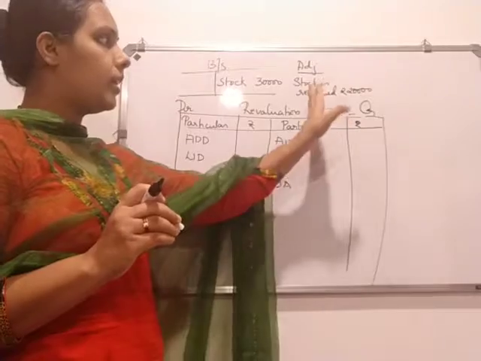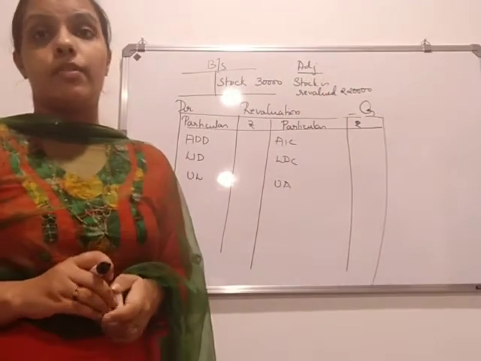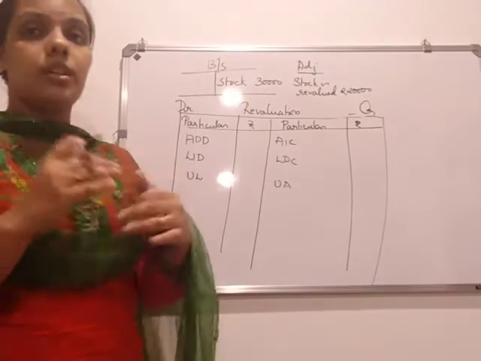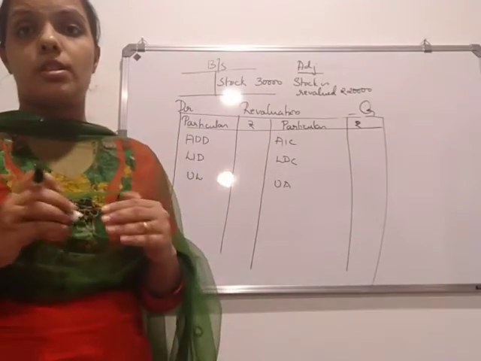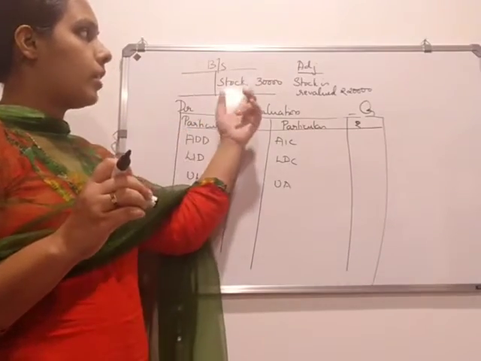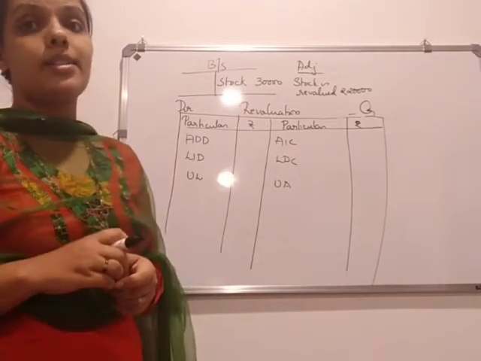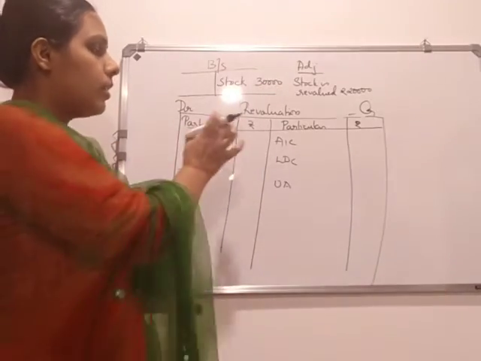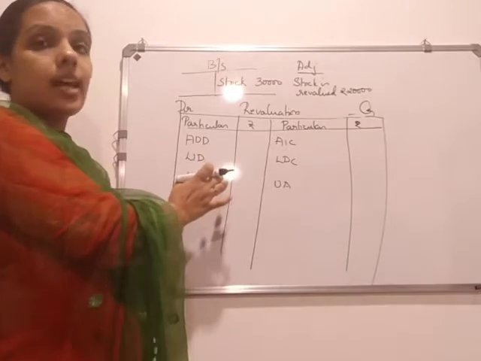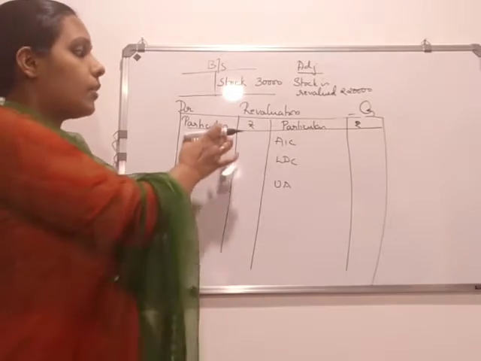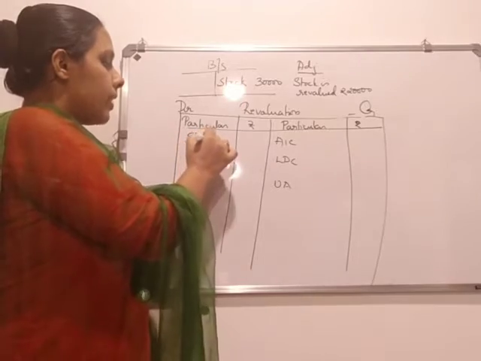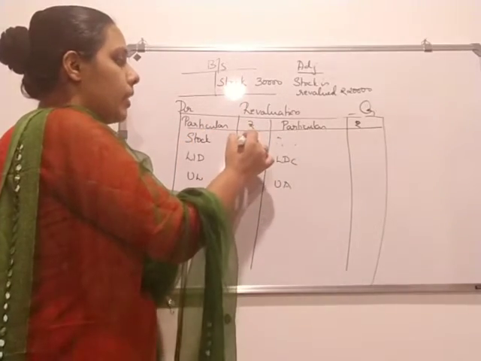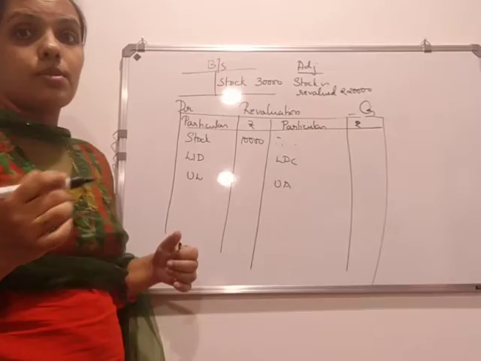So what happened here? There is a decrease of assets. How much decrease? The amount of decrease is rupees 10,000. So stock has decreased by rupees 10,000. Where do we show that? We show it on the debit side of the revaluation account. We have to show it here as stock and write the amount as 10,000.